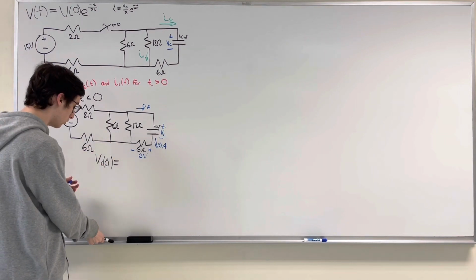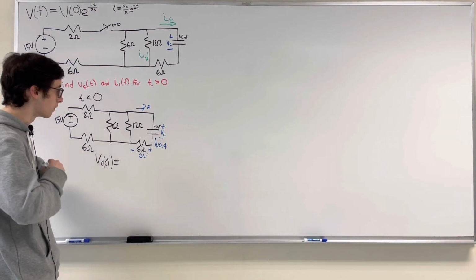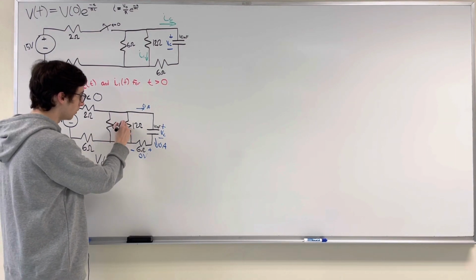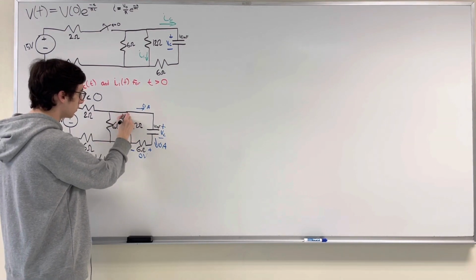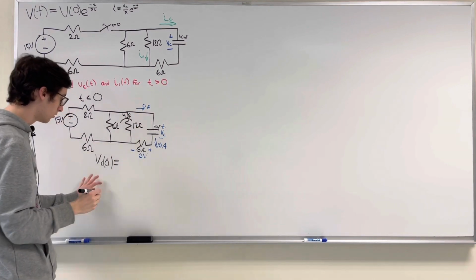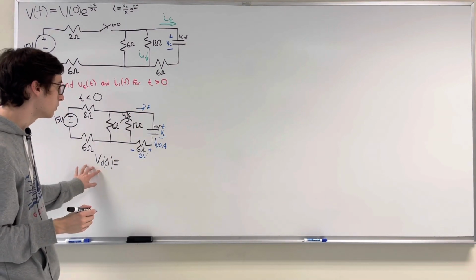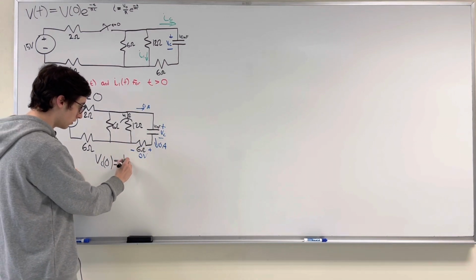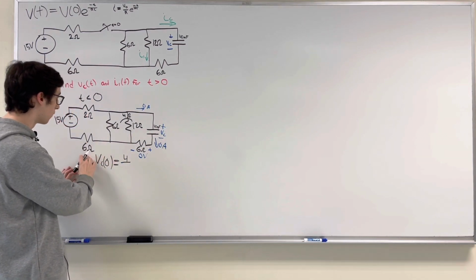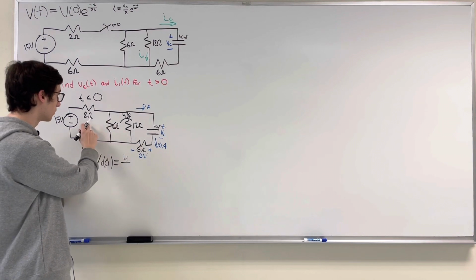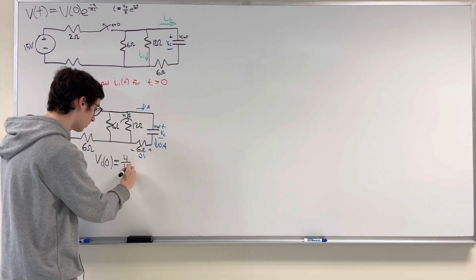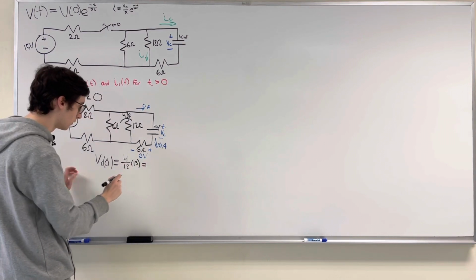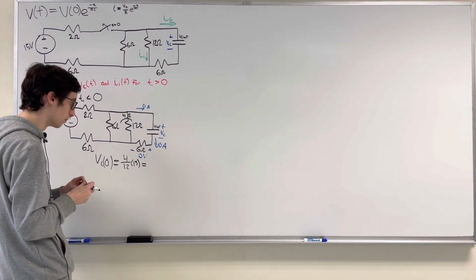I'm going to elect to use voltage division, because these two resistors in parallel are equal to 4 ohms. So the voltage across here when time is less than 0 is simply going to be equal to 4 over 4 plus 6 plus 2, which is 12, times 15.